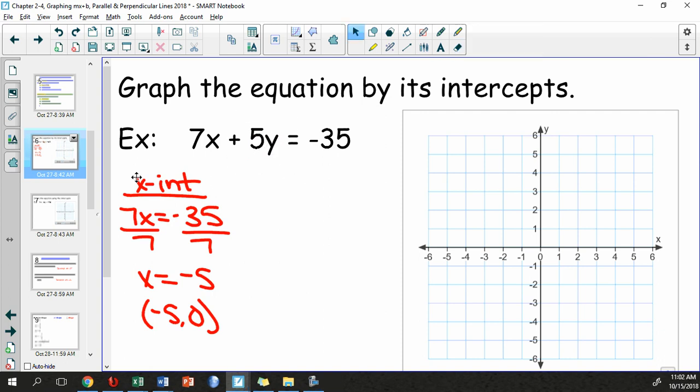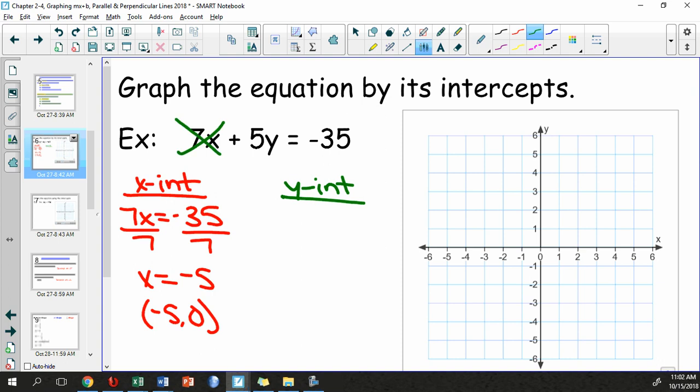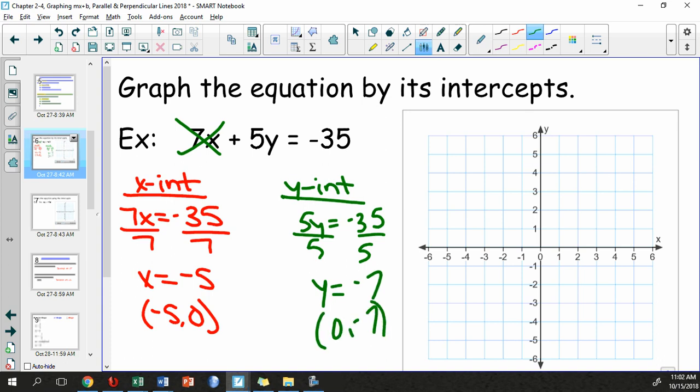Now if I'm finding the y-intercept, I do the same thing, and this time I cross off the x because it's gone. And what equation do I have? Divide by 5. y is equal to negative 7, so I have the ordered pair (0, -7). Super easy, right?